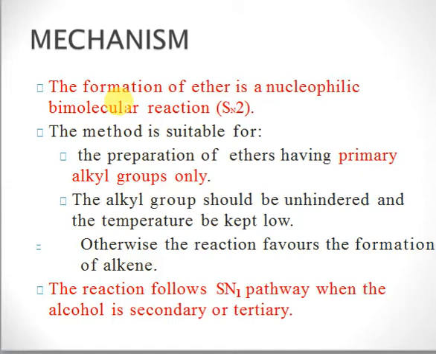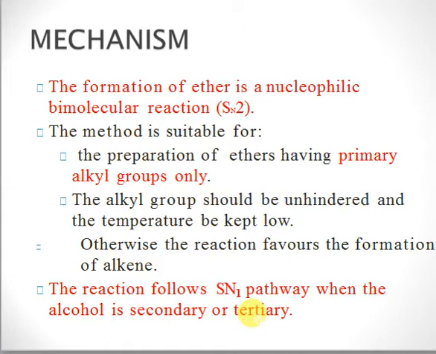The alkyl groups should not be large or very much branched, and the temperature should be low. If any of these conditions are not fulfilled, you will not get ether. Instead, you will get the alkene. Normally the formation of alkene favors the SN1 pathway, and this alkene formation is much more favored when the alcohol is secondary or tertiary.